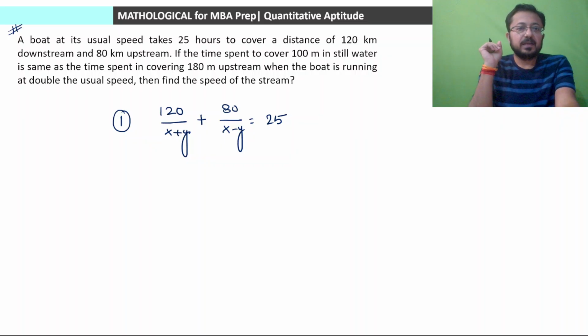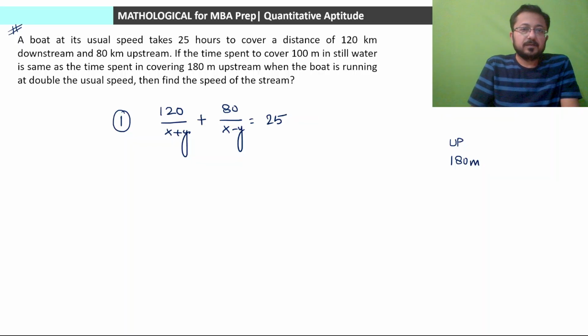The time taken in traveling 180 meters is the same as the time taken in still water when covering 100 meters. And the boat is running at double the usual speed. So in case of upstream, the speed will be 2x minus y, and in case of still water, this will be 2x.